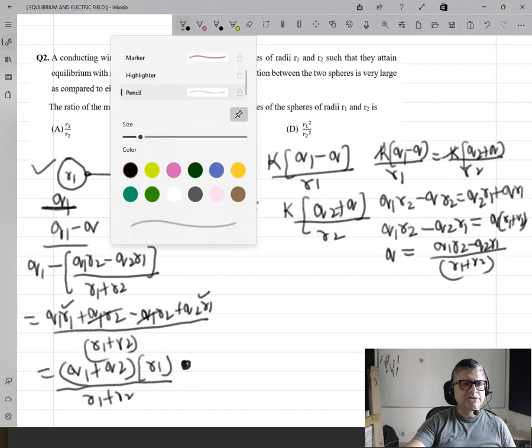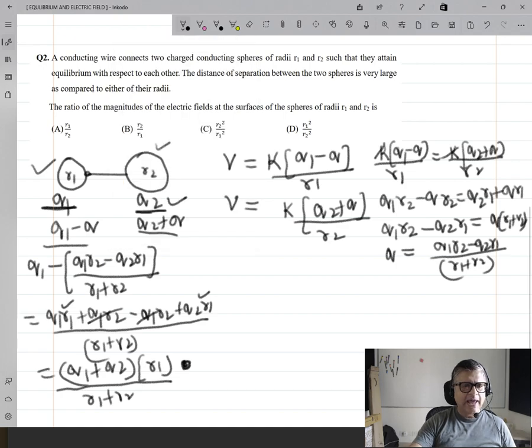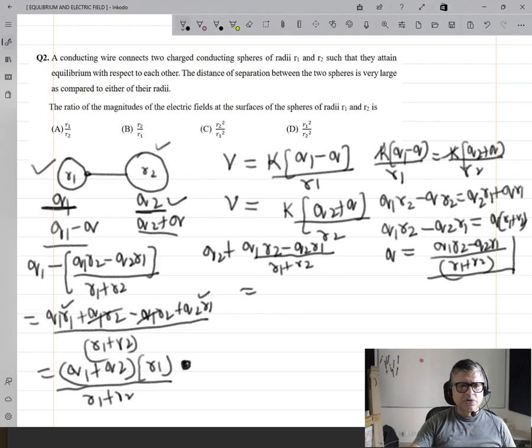Let's calculate the charge on the other one. We add Q2 plus the charge which has moved: Q2 plus (Q1R2 minus Q2R1) upon (R1 plus R2). So this is equal to (Q2R1 plus Q2R2 plus Q1R2 minus Q2R1) divided by (R1 plus R2).